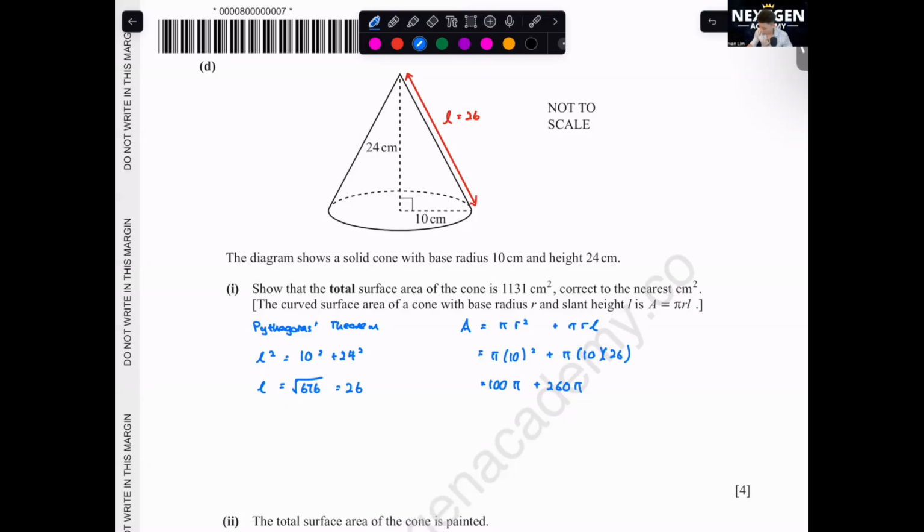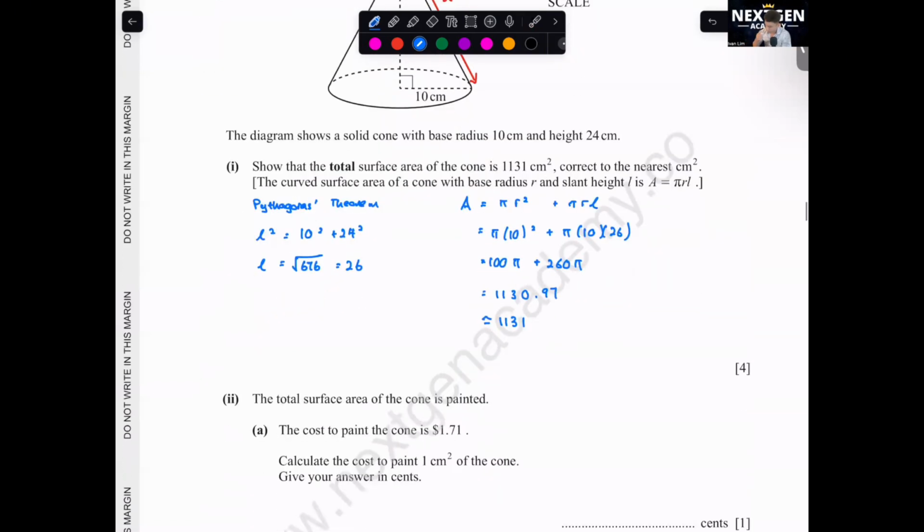We'll get 1130.97. Why do I write a little bit more first? Because they want you to prove that it will round to 1131. Every time they say correct to a certain decimal place or significant figure, I want you to write one or two more digits. Then we show that it rounds to 1131 cm squared.